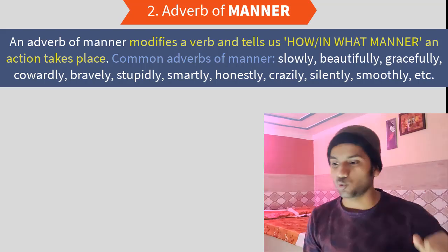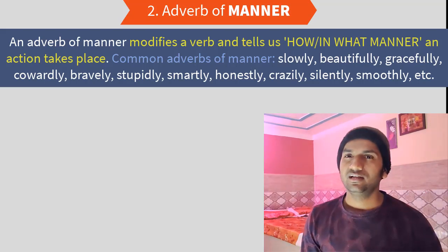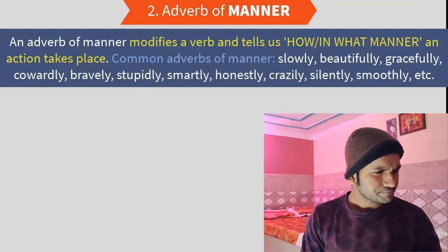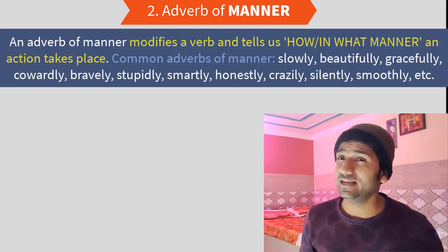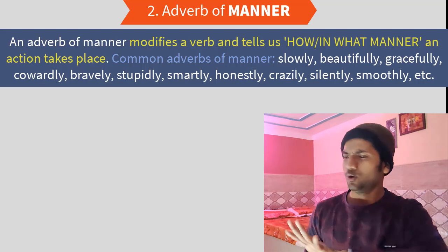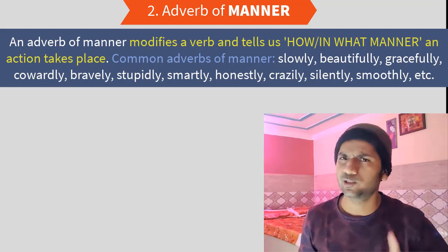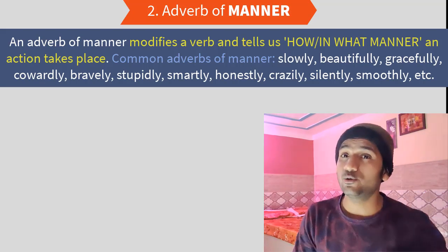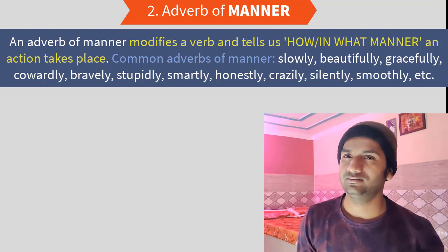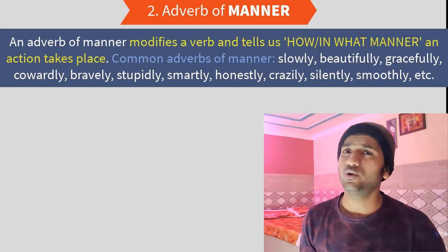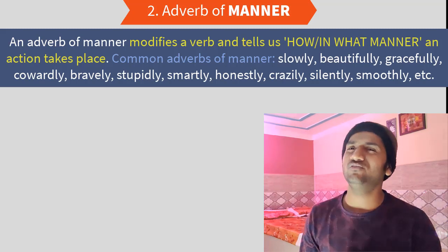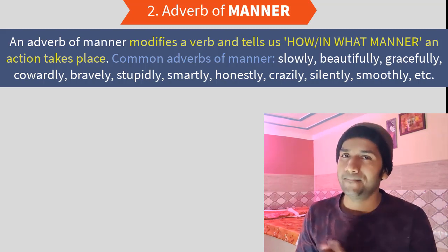Words like slowly, beautifully, amazingly, cowardly, bravely, and all the words that you see on the screen. I cannot remember all of these, all right? All the words that you see on the screen, these are adverbs of manner. And how do we find them out? Ask the question how to the verb, and you will find out your adverb of manner.